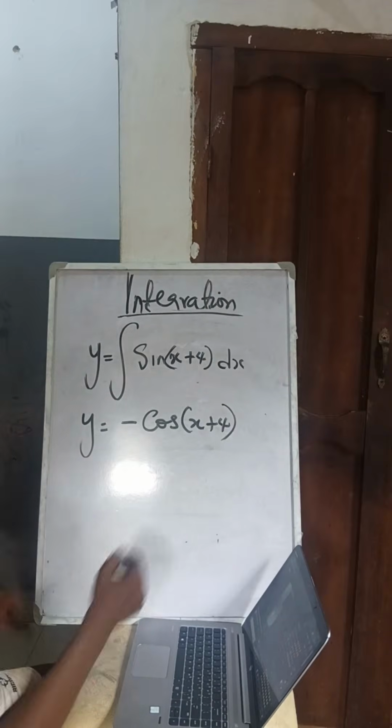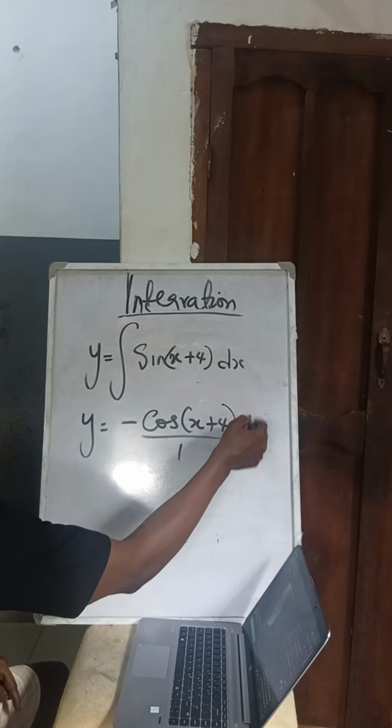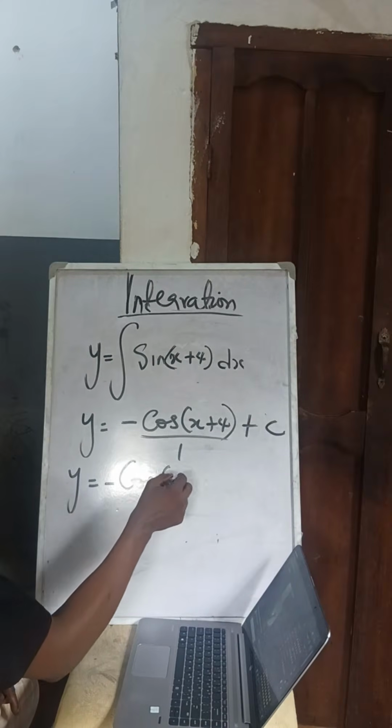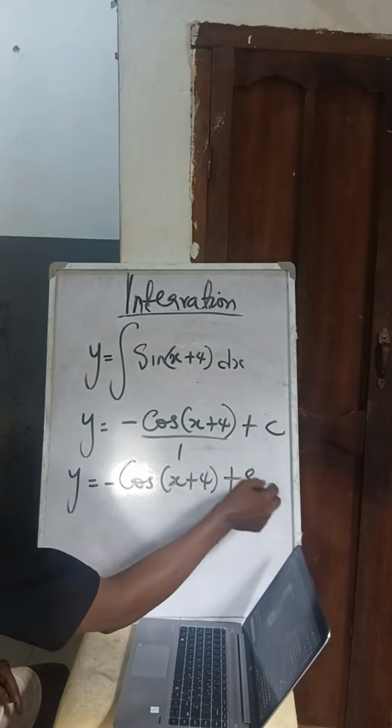Differentiate x plus 4, you get 1, all over 1 plus c. So your answer is minus cos of x plus 4 plus c.